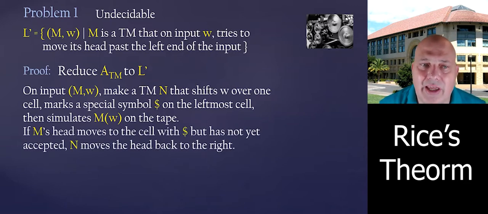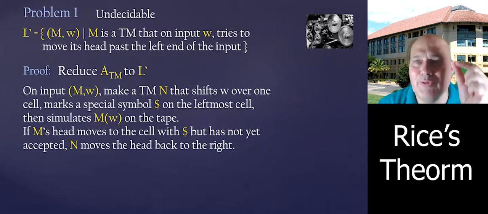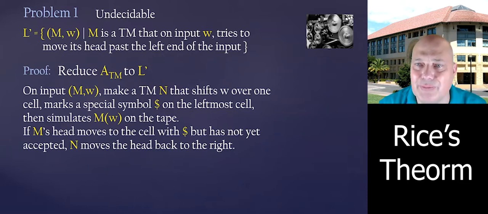So if M's head moves to the cell with dollar, but has not yet accepted, then N is going to move the head back to the right. This is just like in the simulation. When you're in the leftmost cell, you try to move to the left, you're actually staying put. So the dollar is kind of the one state beyond the leftmost cell.